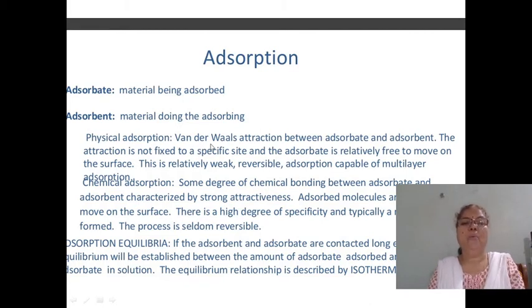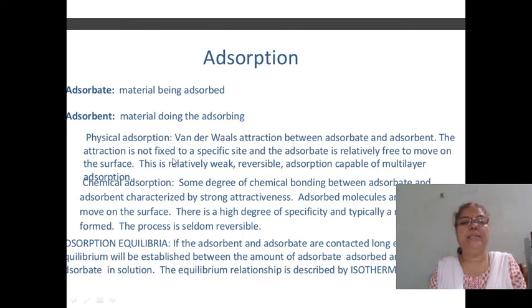Here, the van der Waals attraction between adsorbate and adsorbent. Physical adsorption occurs due to the forces of attraction, that means the van der Waals attraction forces between adsorbate and adsorbent.